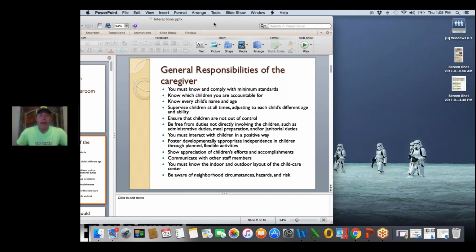We added in here that when we are communicating and interacting with our children, we are free from other duties, such as administrative duties, meal preparation, janitorial duties, cell phones, tablets that are not related to the classroom, all of these types of things. Your communication needs to be focused on the individual children, not these other tasks or responsibilities.